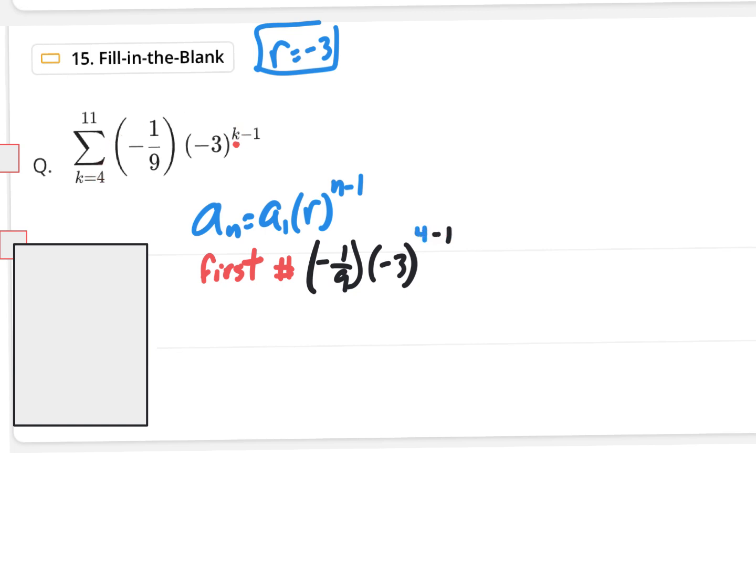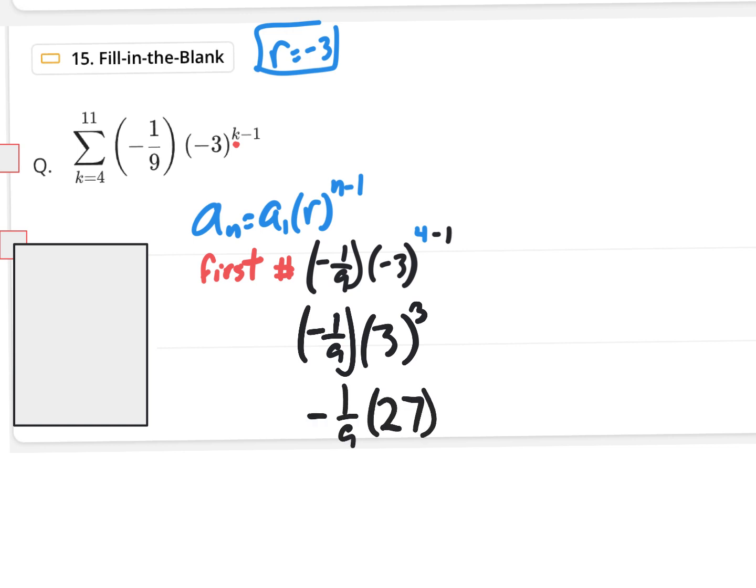So what we really have here is -1/9 times 3 to the 3rd. And we all should know 3 times 3 times 3 is 27. So we really have 27 times -1/9. When you multiply it through, you get -27 over 9, and -27 over 9 is -3.